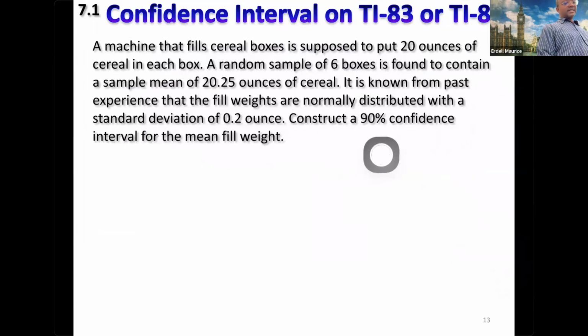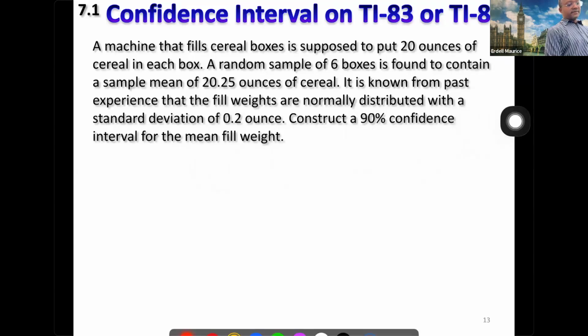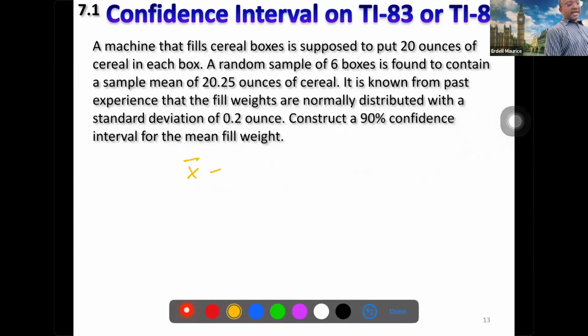Construct a 90% confidence interval for the mean fill weight. So what we need to do is find X bar and then add and subtract the error. Yes, that's the basic idea. You need to take the mean and then add the error to get the larger value, subtract the error to find the lower value. Yes?